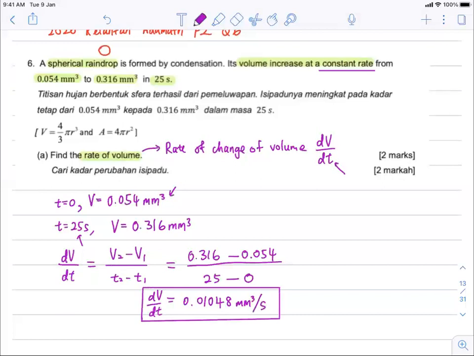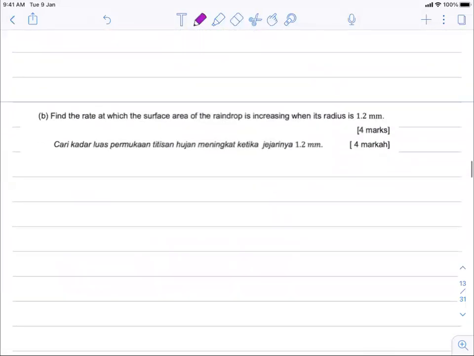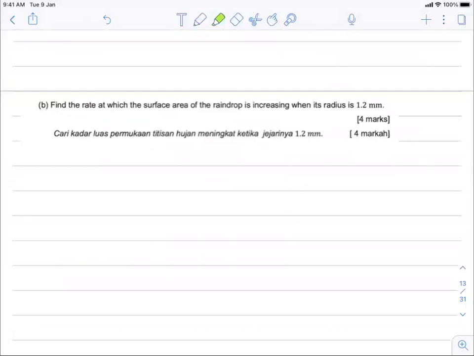Okay, now we can move on to part B. Part B asks us to find the rate at which surface area increases when its radius is 1.2 millimeter.